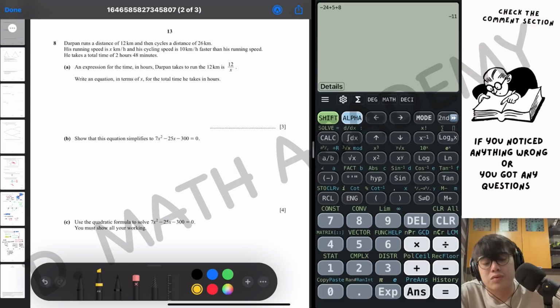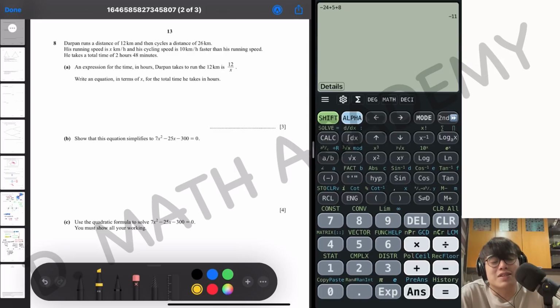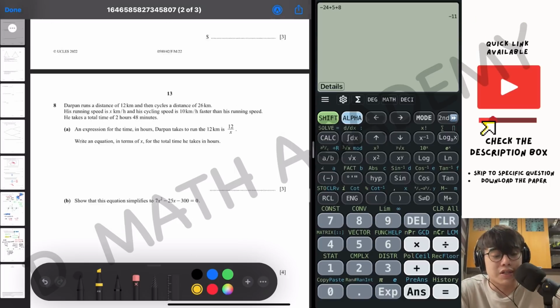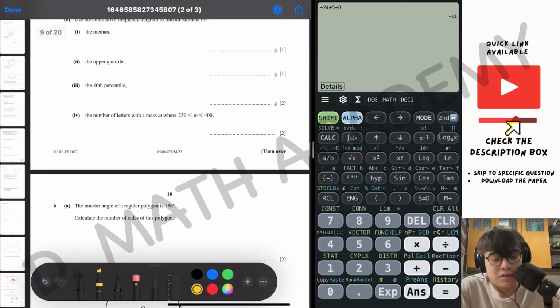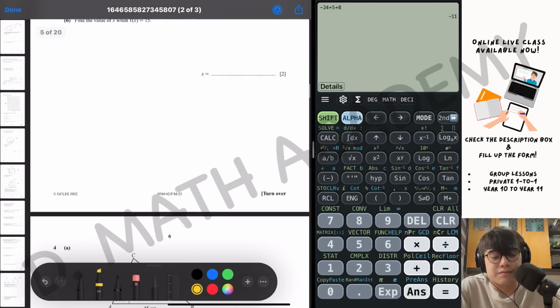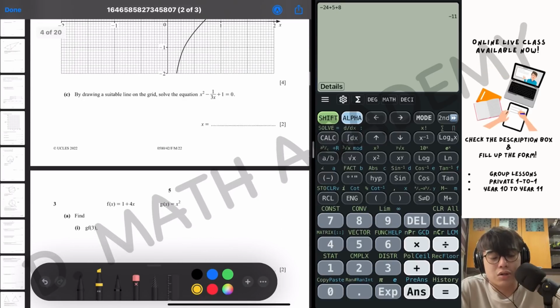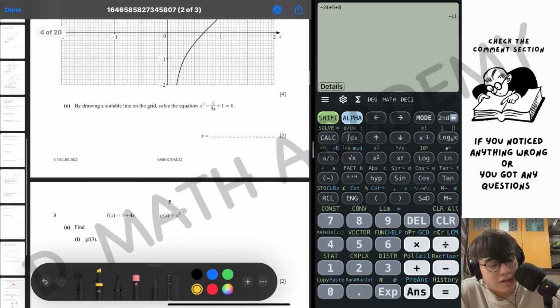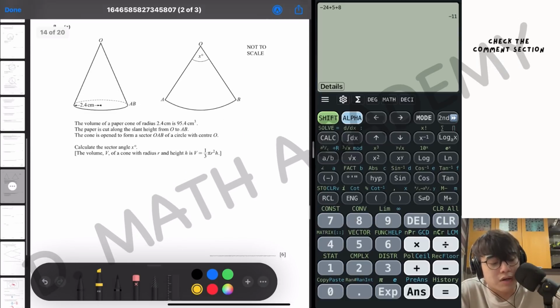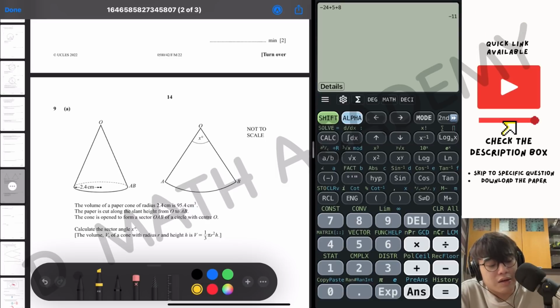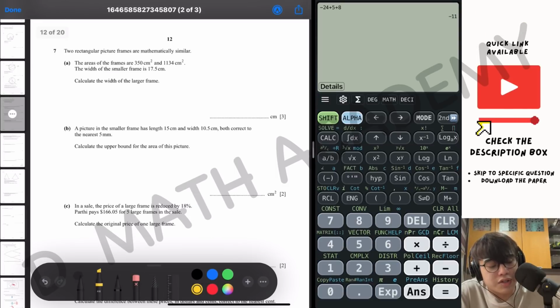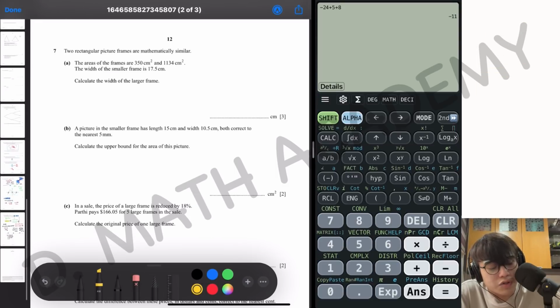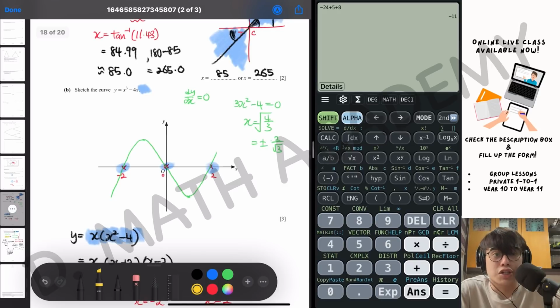If you try to play smart like what I did and take 26 minus 12, you make the same mistake. The rest is pretty much identical. So the questions that might be challenging are in the second half of the paper: question 8, question 9, and question 12.